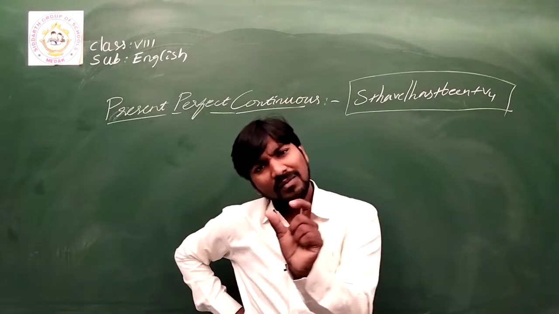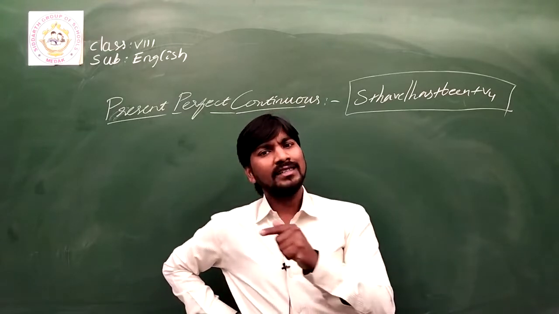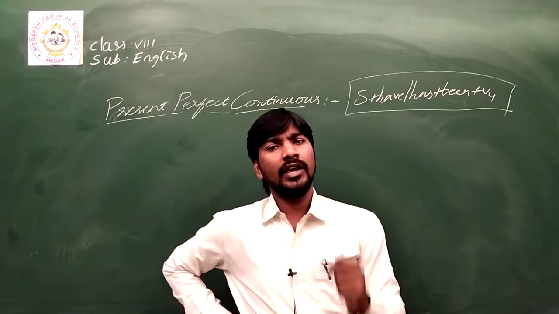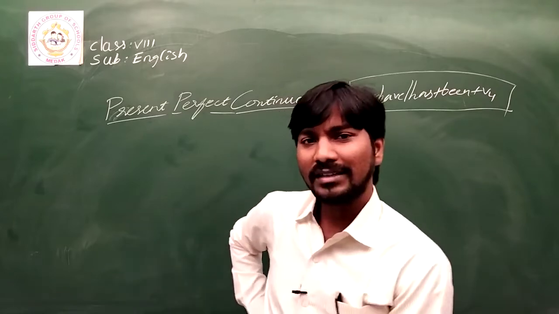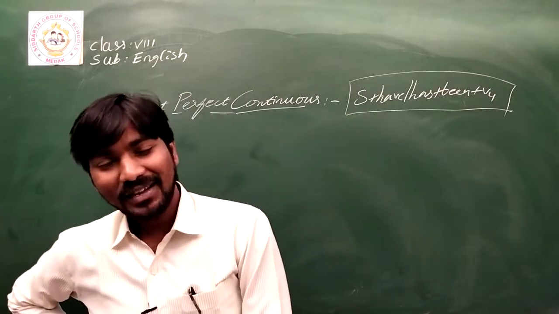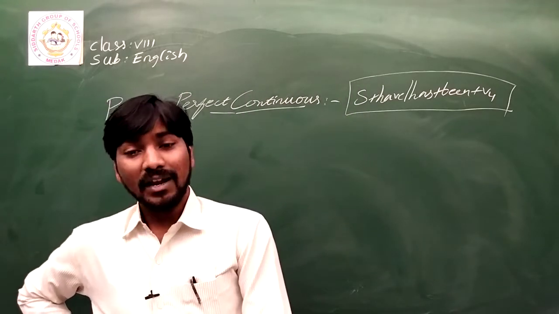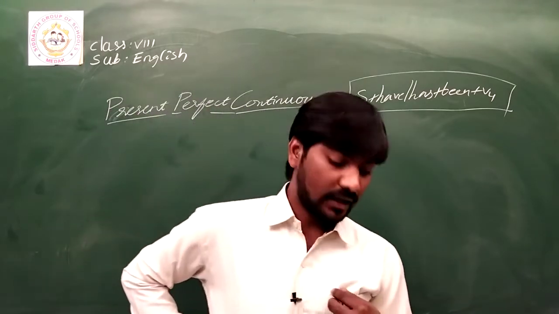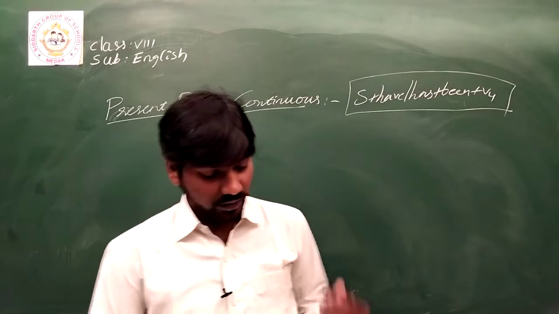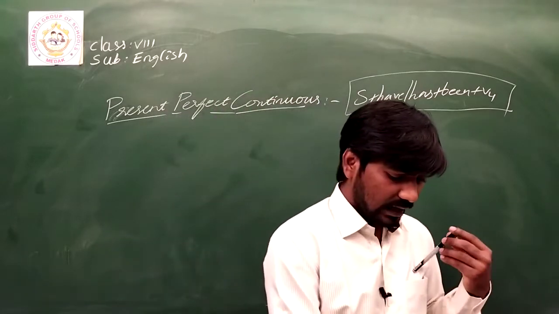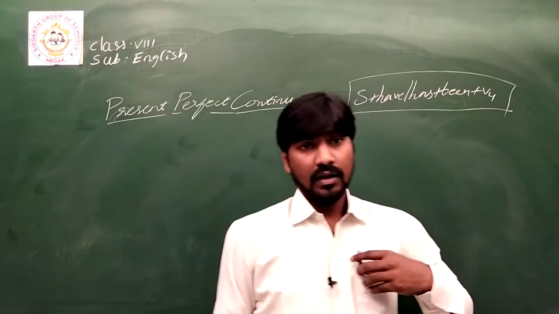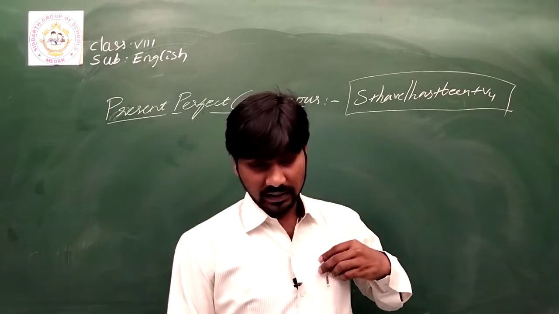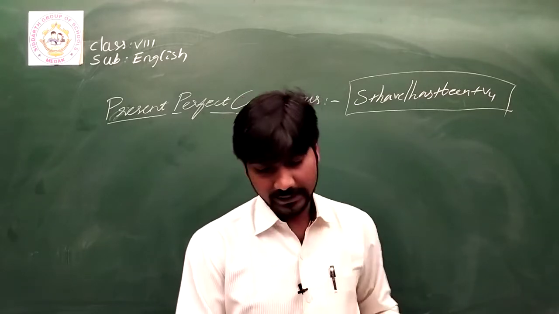Now how will it be in sync? One is completed action, another is ongoing action. Then how will it make a sync? Let me explain with an example that will make you understand this topic very clearly: present perfect continuous tense.